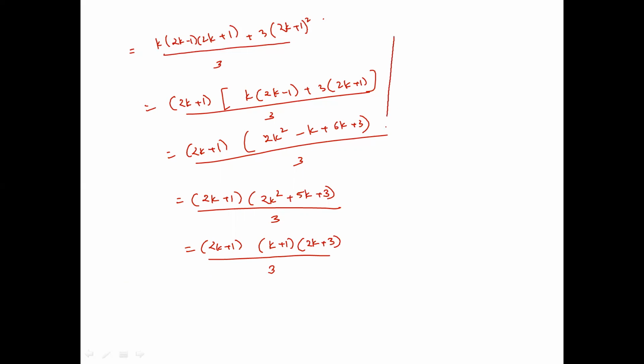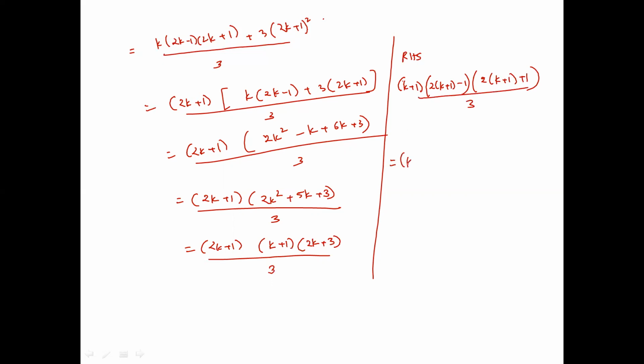But till now we did not take RHS. In RHS, when I put n as k plus 1, what will I have? (k plus 1) into (2 into (k plus 1) minus 1) into (2 into (k plus 1) plus 1) by 3.